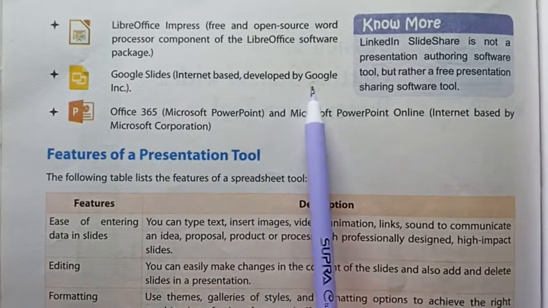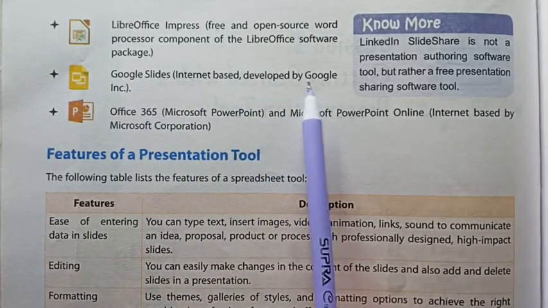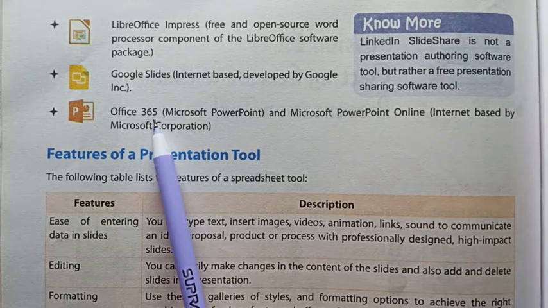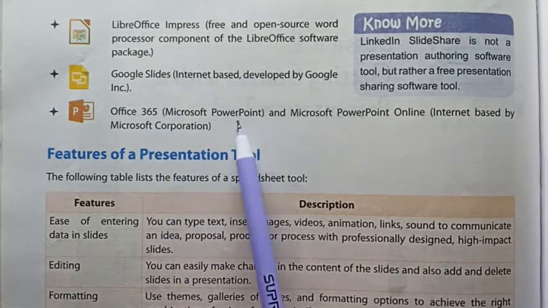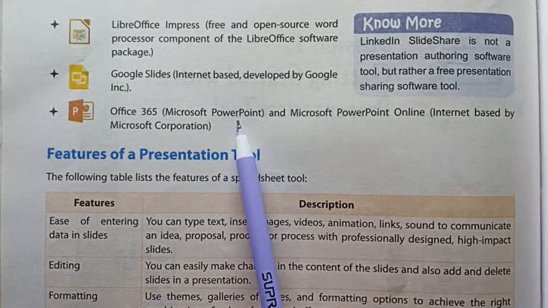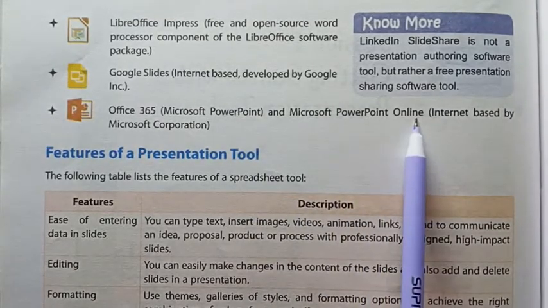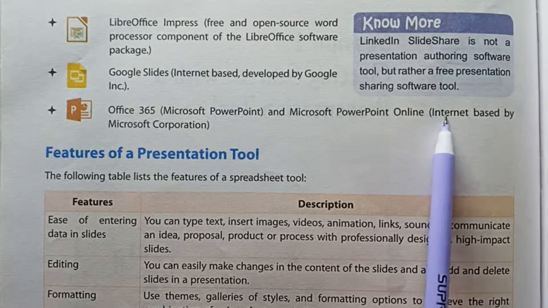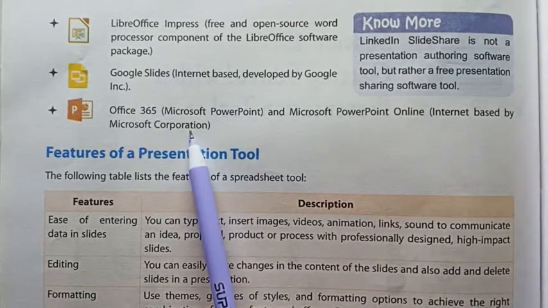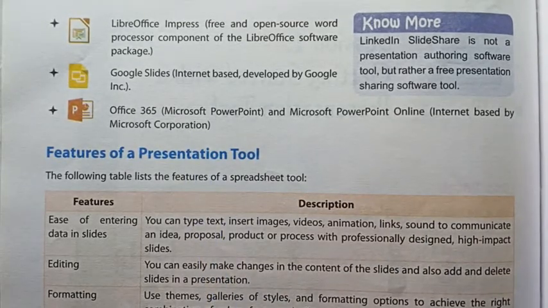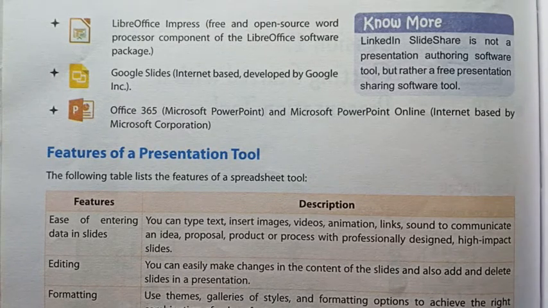These are developed by Google itself. We have Office 365, which includes Microsoft PowerPoint and Microsoft PowerPoint Online, which is also internet based and developed by Microsoft Corporation. Now, what are the features of a presentation tool?